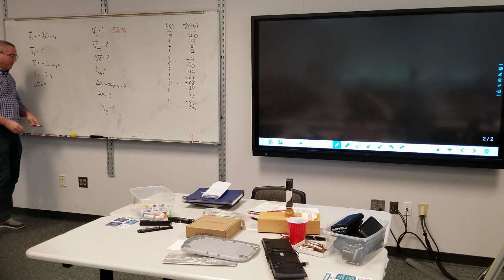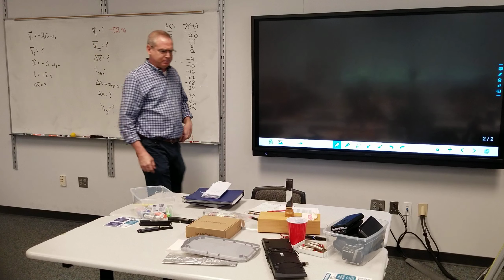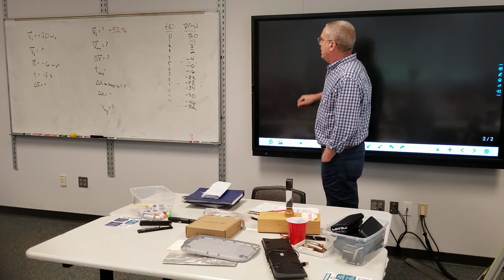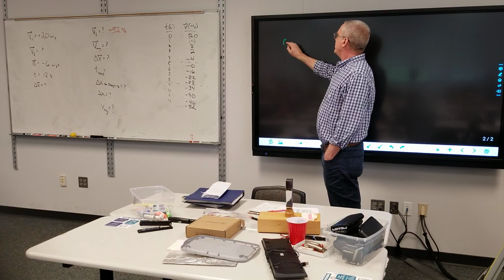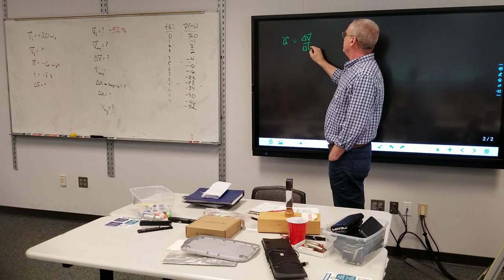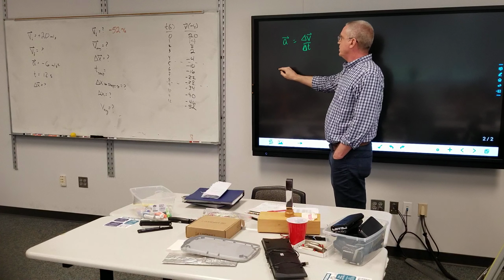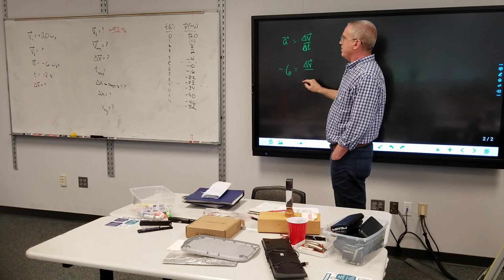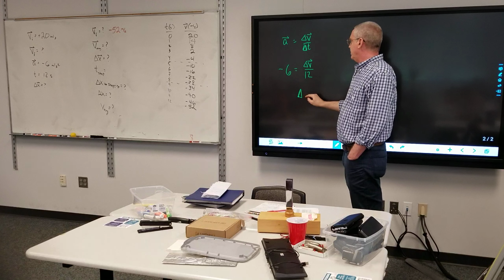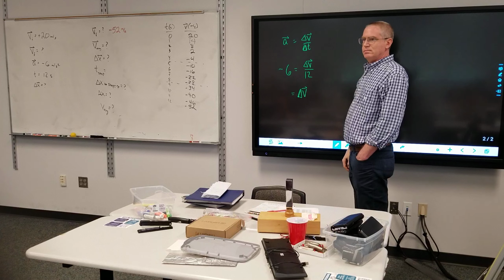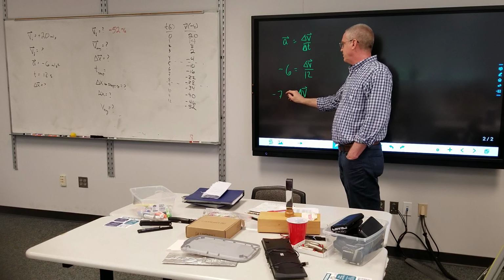All right, let's get the final velocity a different way, because we're all sophisticated people. I know my acceleration is the change in velocity over change in time. My acceleration is -6, and that's equal to my change in velocity divided by my time, which was 12. So my change in velocity is -72.